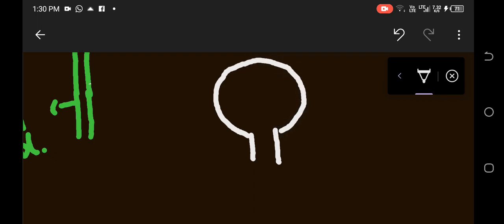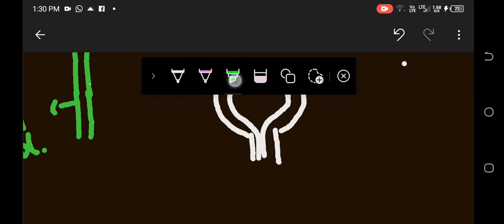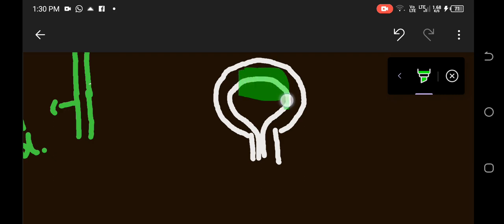As we've discussed, here we have muscles present.